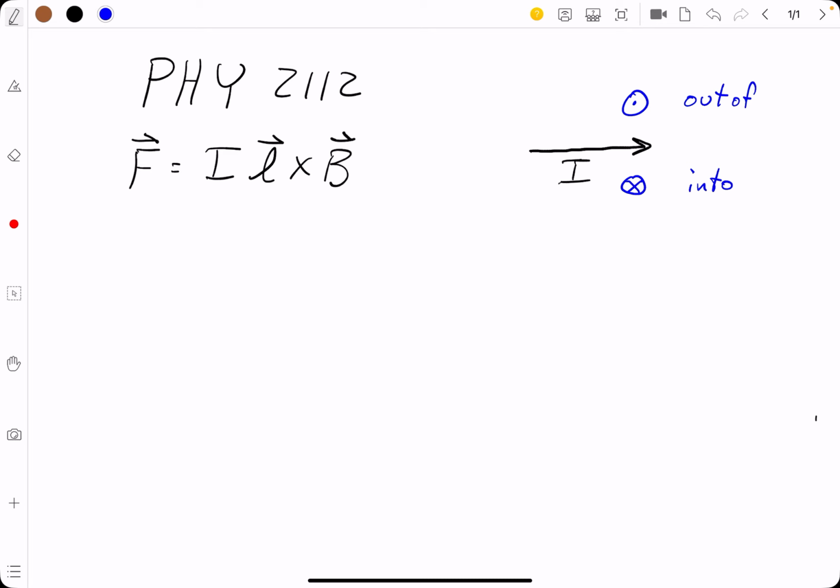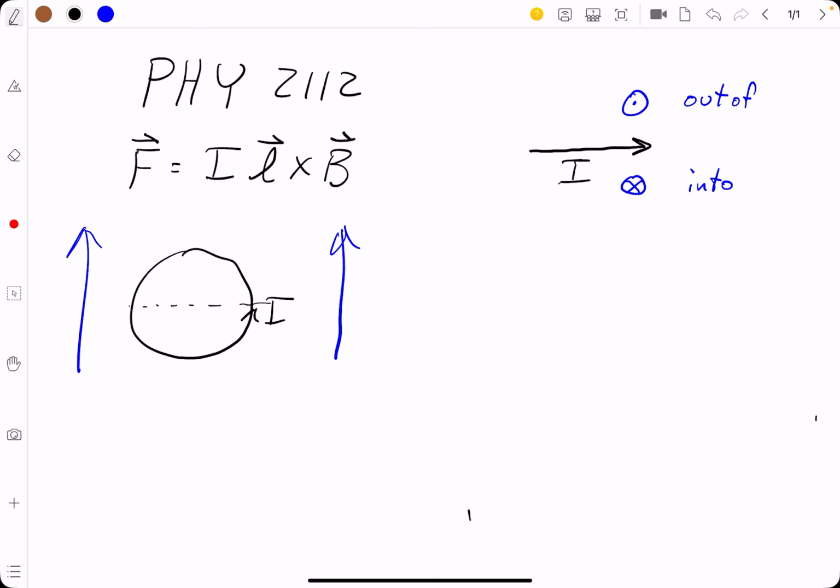Now, we talked a little bit about it, and we looked at a circle, for example. So you have a circle with current flowing, and if we have a B field that is going, say, like this, then the top half of the circle has current going there, current going there.